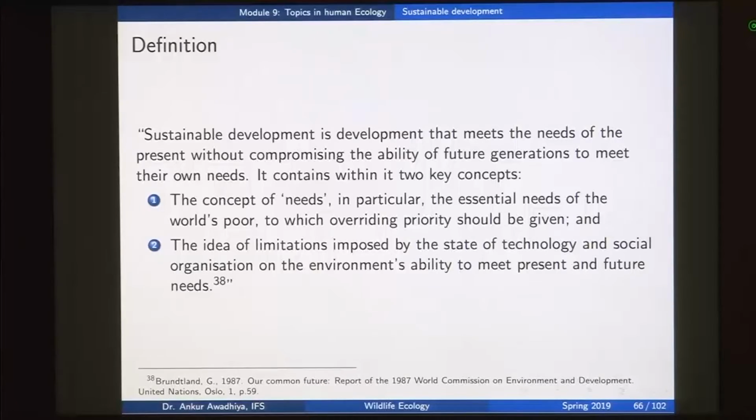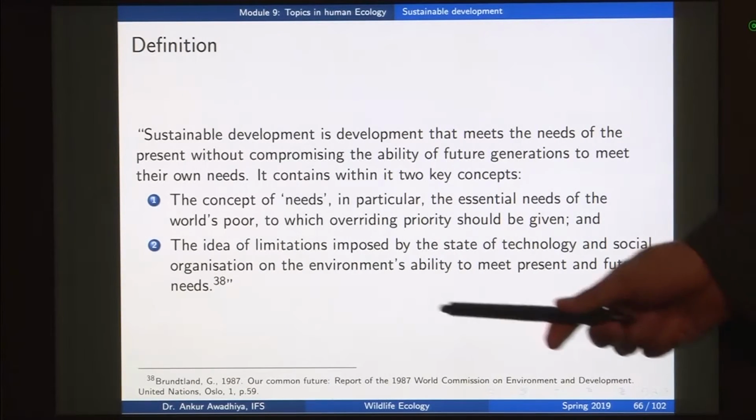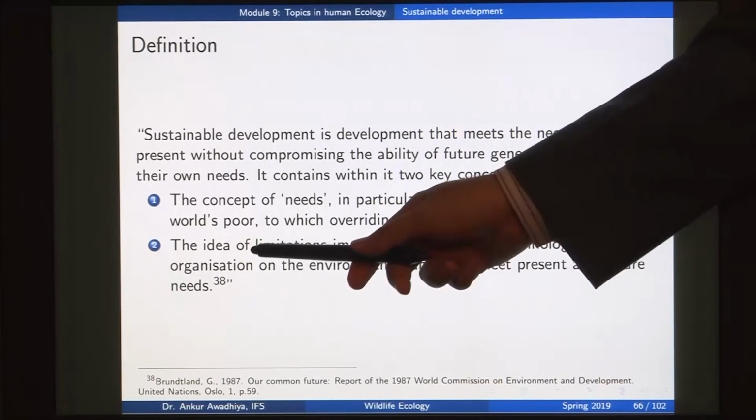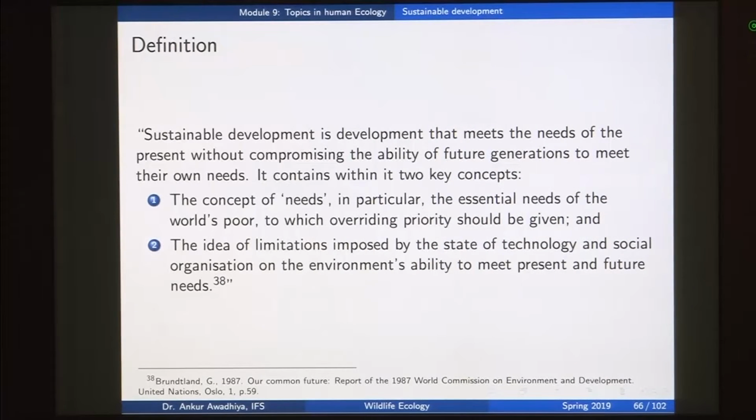So, here when we are talking about needs, it does not mean wants. The concept of needs is essential needs, and especially all the essential needs of the world's poor need to be met. And the second idea is that of limitations that are imposed by the state of technology and social organization on the environment's ability to meet the present and future needs. So, essentially what it is saying is that the environment has a limited ability to serve the needs of the present and the future generations.